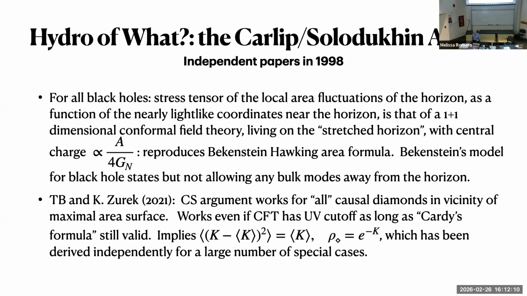And that it had what's called a central charge. An example of a conformally invariant field theory is just a free massless scalar field, and the central charge is kind of just counting the number of free massless scalar fields. So that's a simple way to think about it. And the central charge was proportional to the area of the horizon divided by 4 times G Newton.